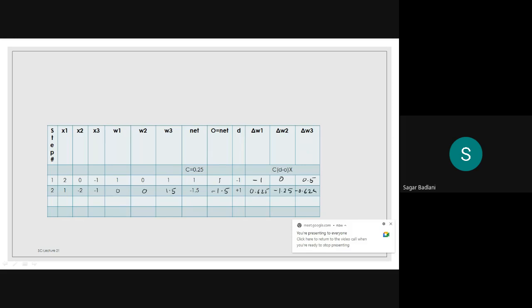Correct. So the final weights will be 0.625, minus 0.625, 1.25, and this minus this, 0.875. So simple to solve the problem.